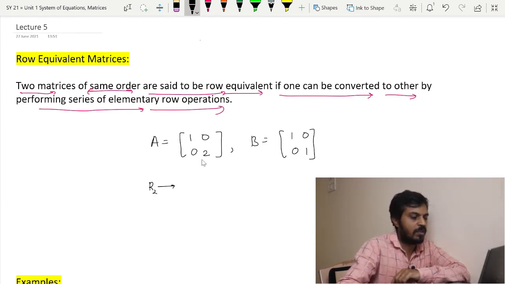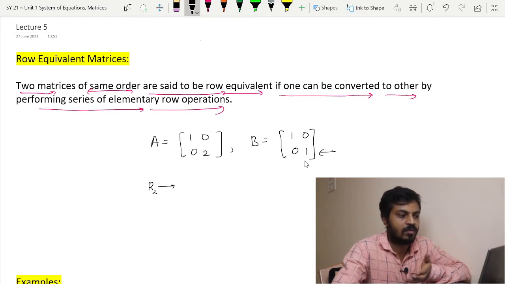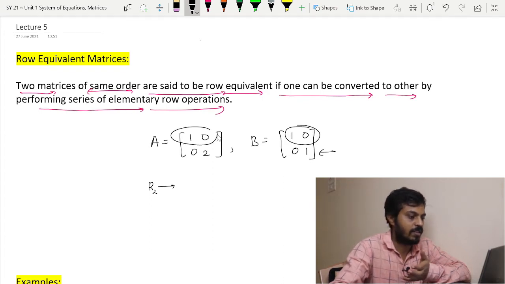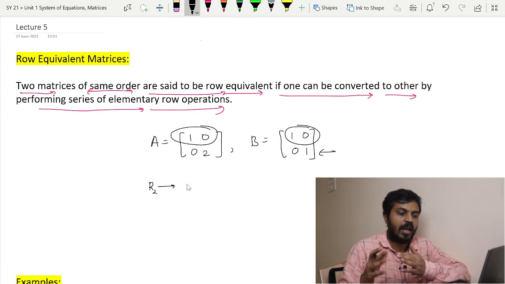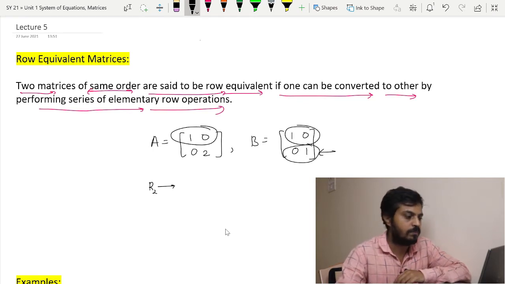If you observe properly, the second row of A is 0 2 and the second row of B is 0 1. The first rows are both the same, so naturally I will apply an elementary row operation on the second row, and see whether I get the second row of B or not.